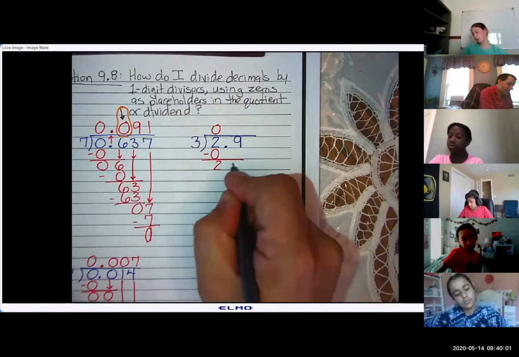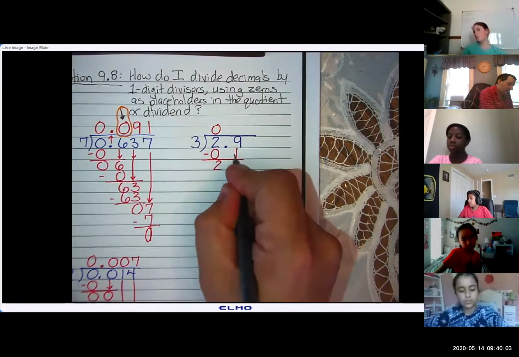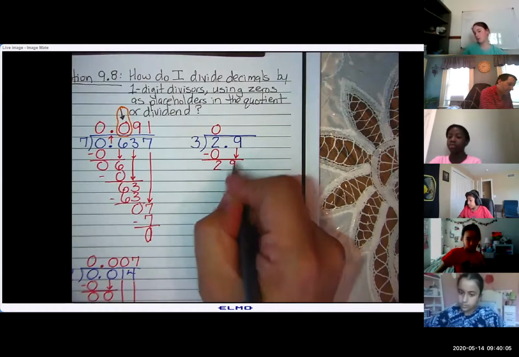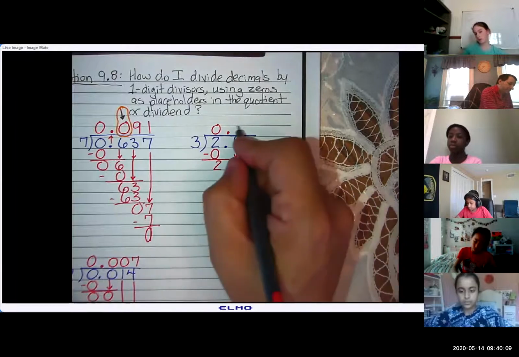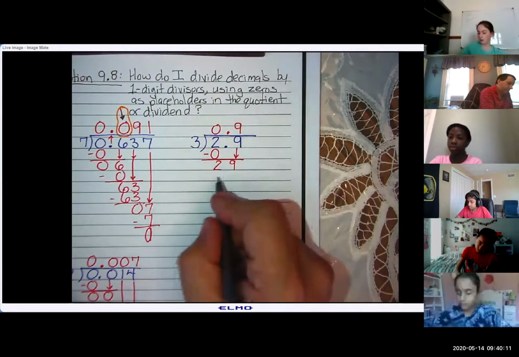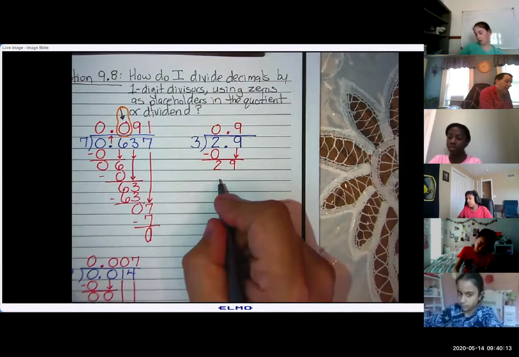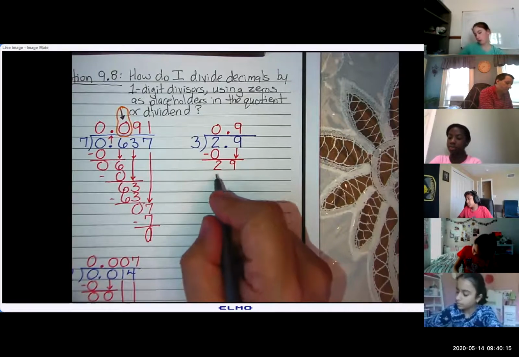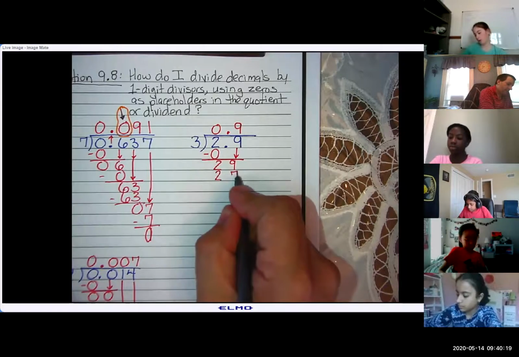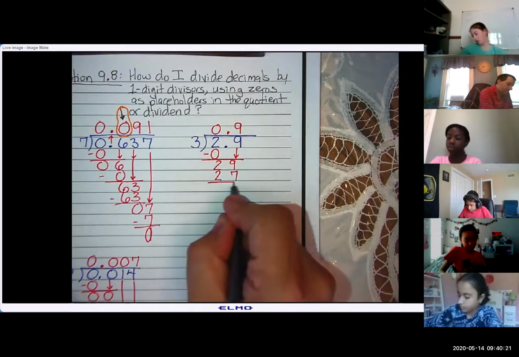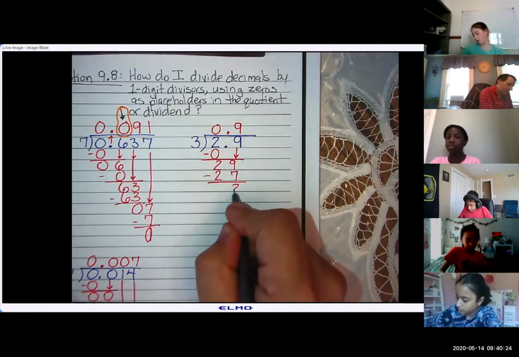Keep going. Then you bring down the 9. And then 29 divided by 3 is 9. Well, it's not 9, but that's the closest. And 3 times 9 is 27. Keep going. And then that's 2. So it's then remainder 2.